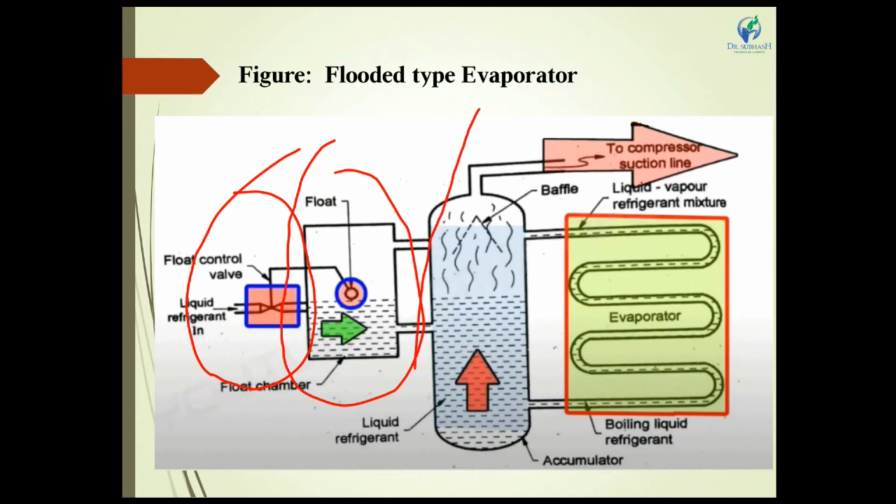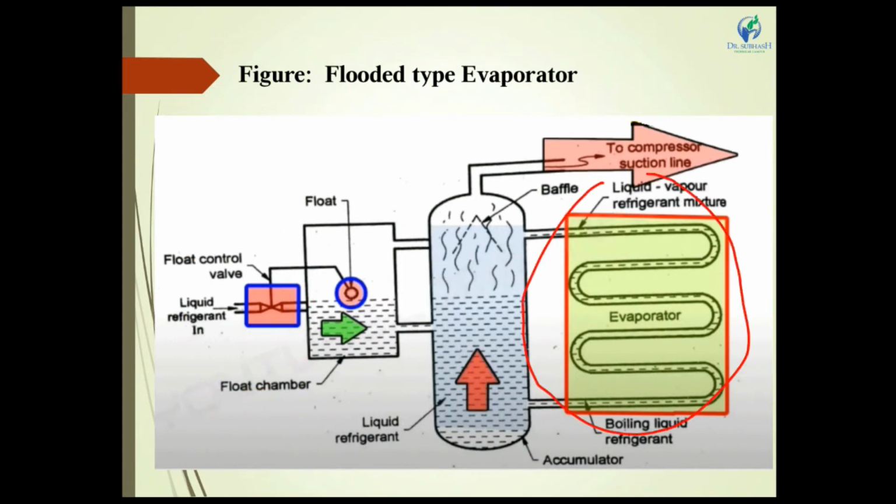This is the liquid refrigerant and accumulator for removing the vapor, that is, separating vapor and liquid form. This portion is the evaporator where the refrigerant passes. After this process, the refrigerant exits from the evaporator and enters the compressor at the suction line.